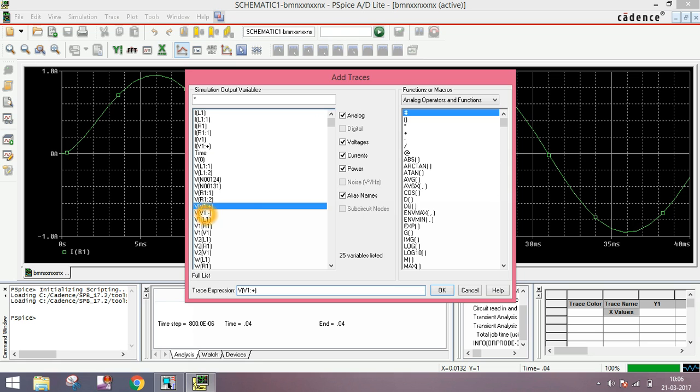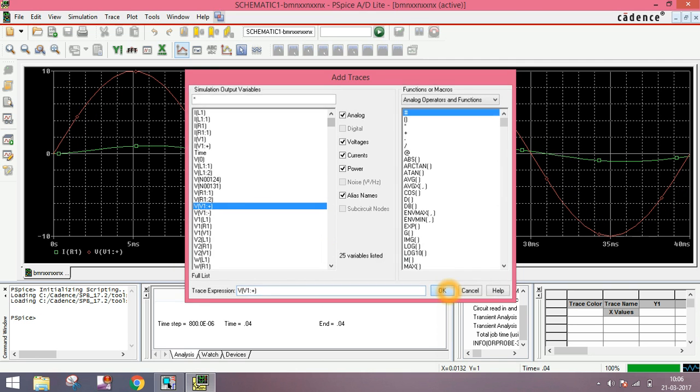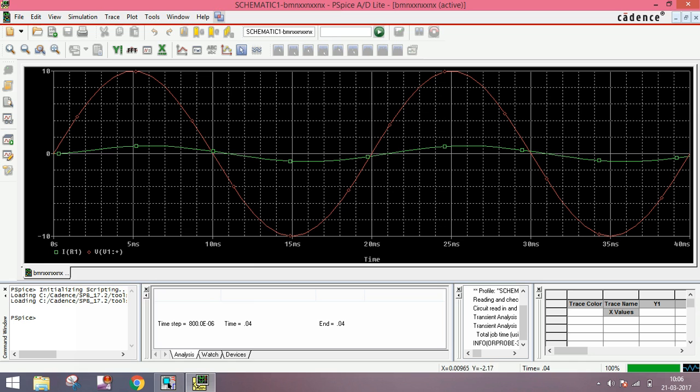Simply V1 plus, meaning voltage at positive terminal, that is our applied voltage. Simply okay, and you can see this is our applied input sinusoidal, and this is our current output.